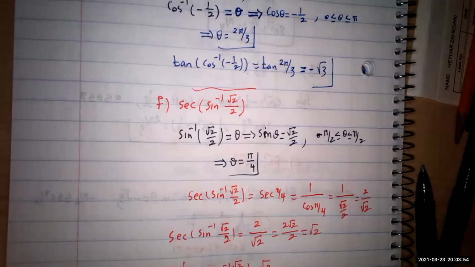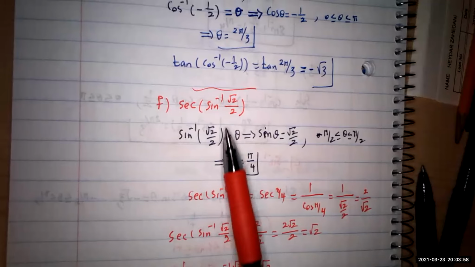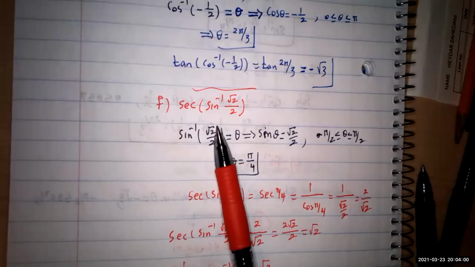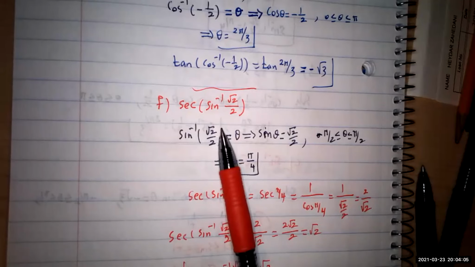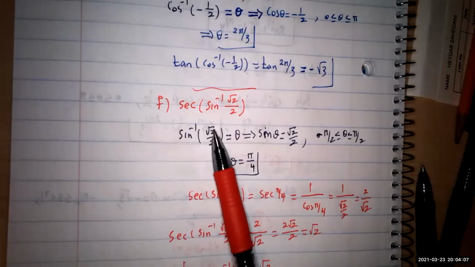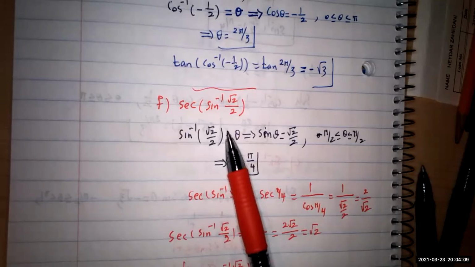Secant. Which one are you talking about? Part F? That's part F. It's the secant of the sine inverse of radical 2 over 2, the part F that I have.